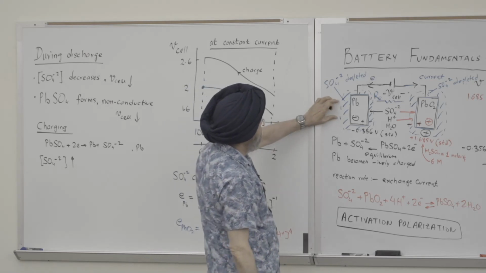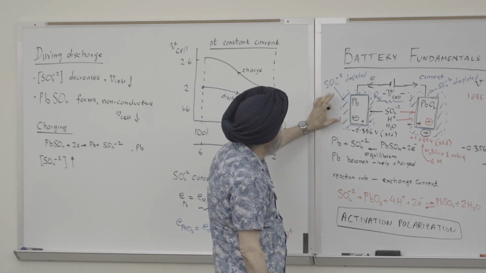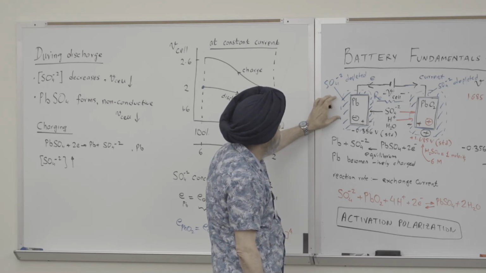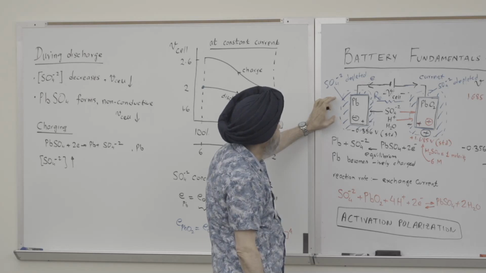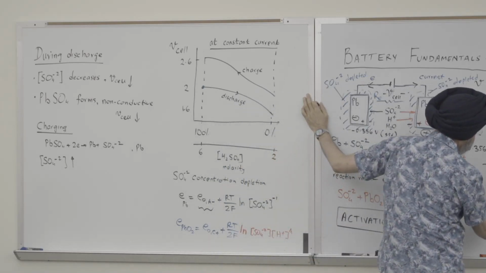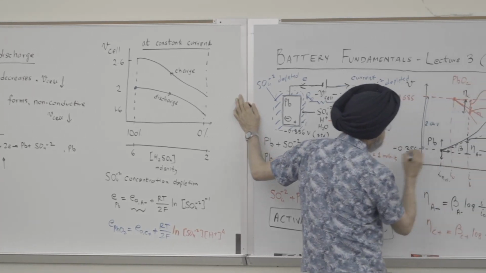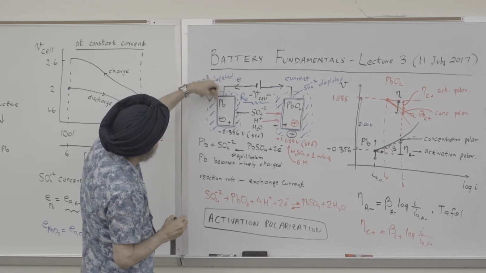So let's stay with the lead electrode. Notice we're pumping electrons into the lead electrode, which means the lead electrode is getting negatively charged, right? So this point will go down during charging, but also we are applying current.